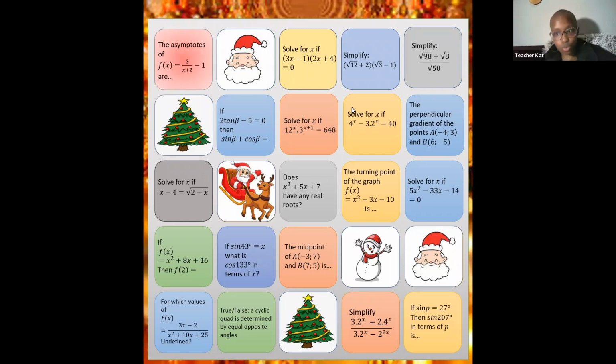So now you have 2 to the exponent of 2x minus 3 times 2 to the x minus 40 equals 0. Then the easiest way to do this is let your 2 to the x equal a variable. I would stay away from using x because there's already an x. So say something like let 2 to the exponent of x equals m, just so you can see what's happening.